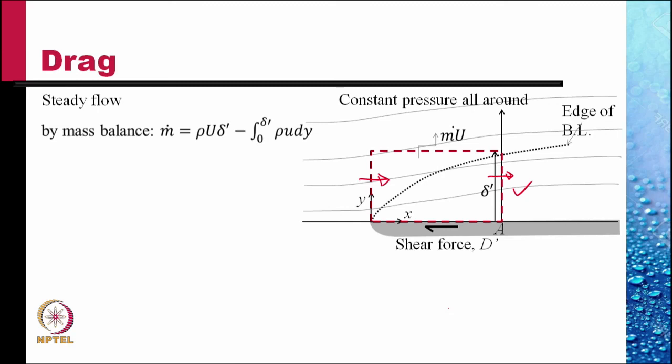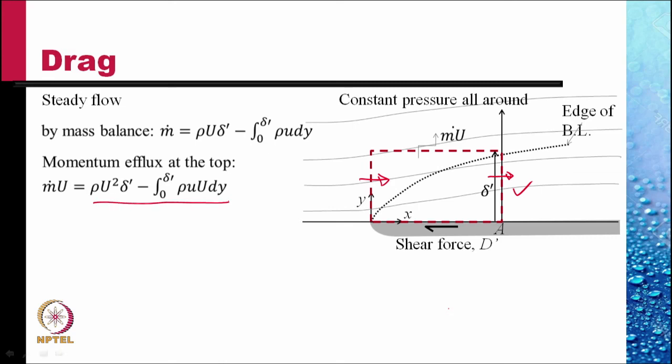Then let us consider the momentum balance. The momentum flux at the top, and it is an efflux, is m dot times capital U, and with the expression for m dot obtained, this is given by rho U square delta prime minus integral from 0 to delta prime of rho u capital U dy.